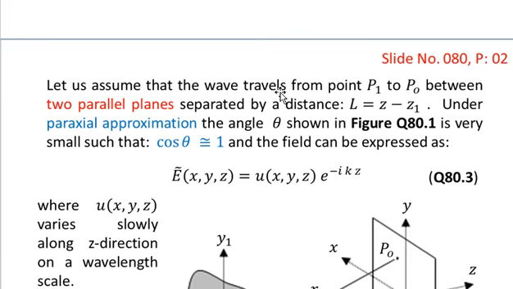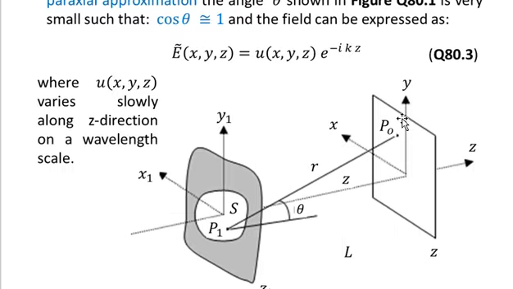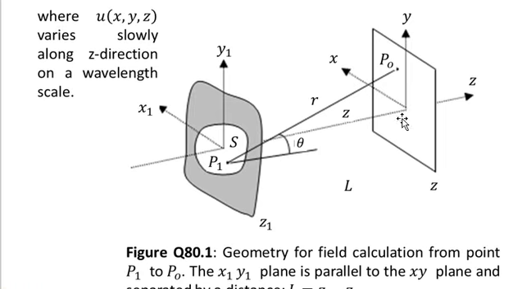Let's assume that the wave travels from point P1 to P0 between two parallel planes separated by a distance capital L, which is equal to z minus z1. You can see in this figure that we have the two planes. One plane is situated at z equal to z1.